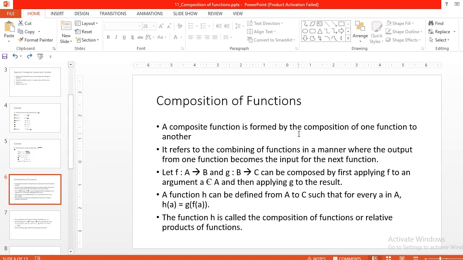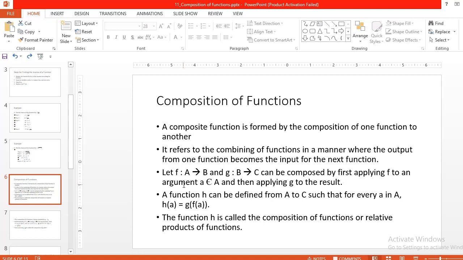It refers to the combining of functions in a manner where the output from one function becomes the input for the next function.